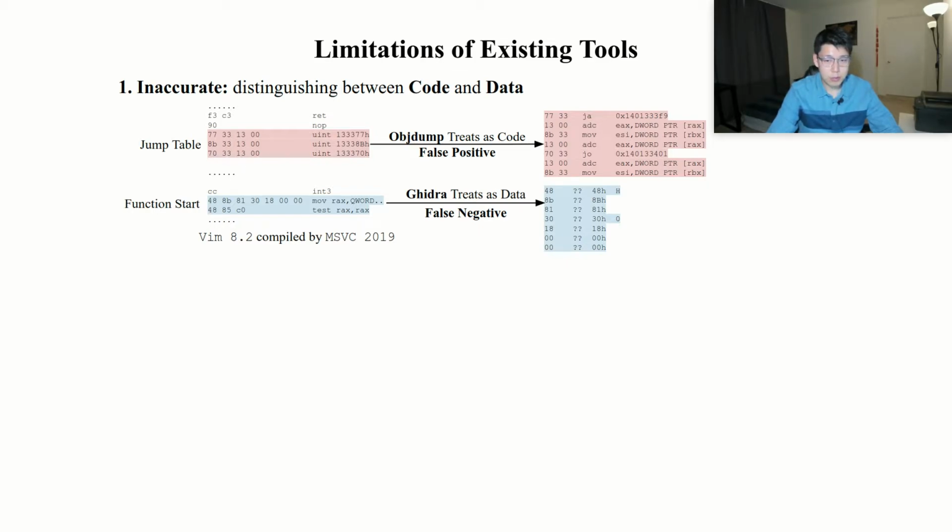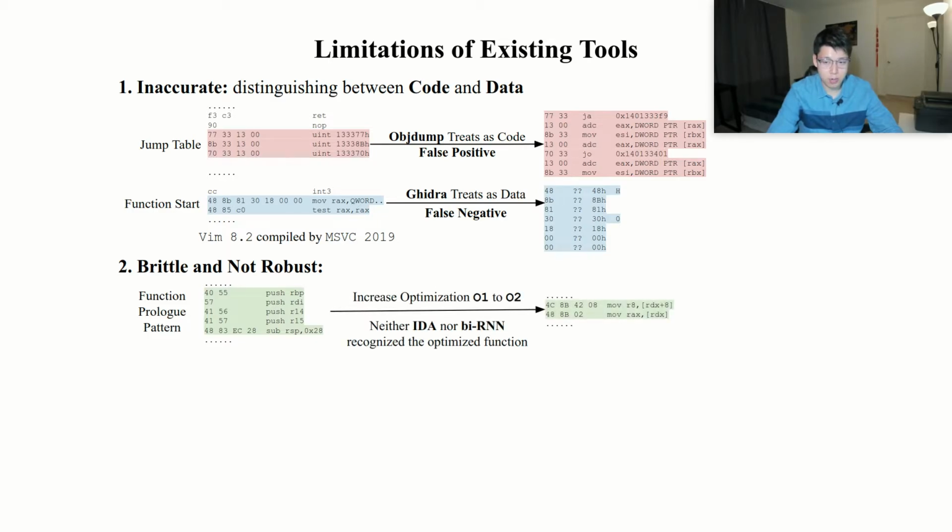Existing approaches also construct a large set of heuristics for disassembly. However, these heuristics are often brittle. For example, consider another byte piece extracted from the same program, which exemplifies a typical function prologue pattern. We find that when we increase the compiler optimization, the function prologue pattern disappears.